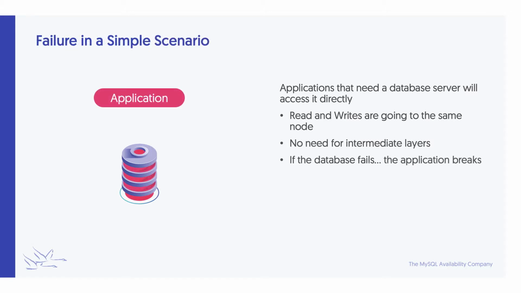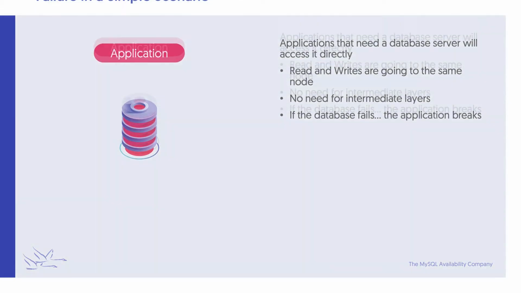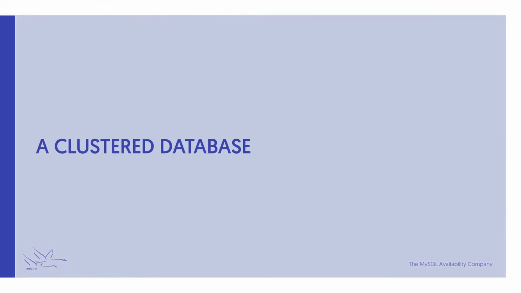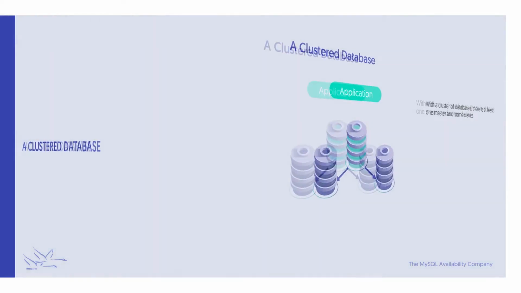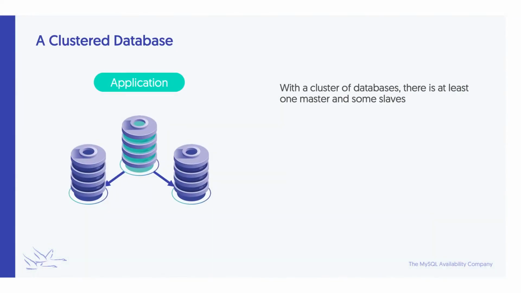This is one of the reasons why clustered databases have been introduced. In a clustered database, the information is replicated from the main node, the master, to other instances, slaves.